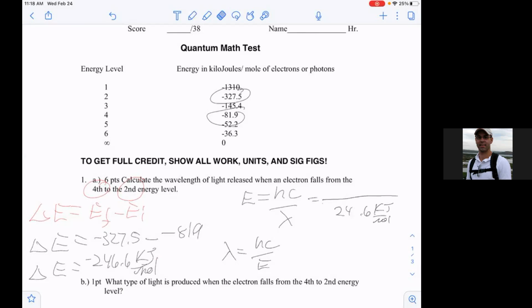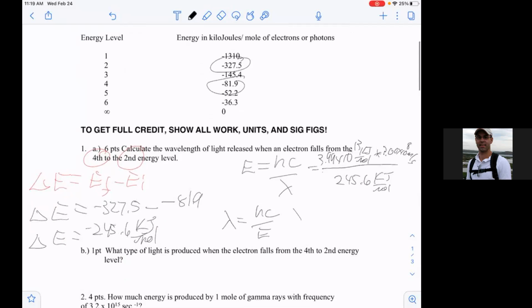Actually, I think it's 245. Yep. If my energy, Aiden, is in kilojoules per mole, then my Planck's constant must be in kilojoules per mole. Then multiply by the speed of light. Put that in my calculator.